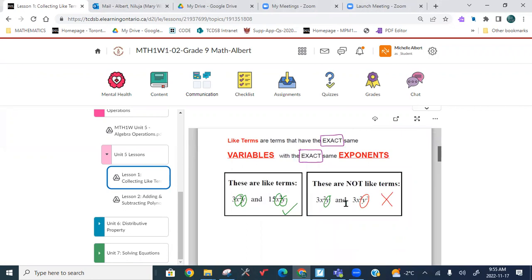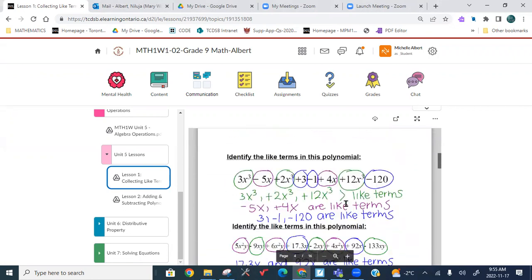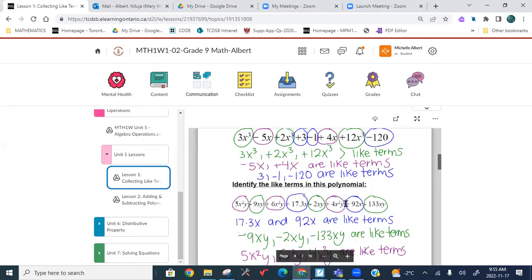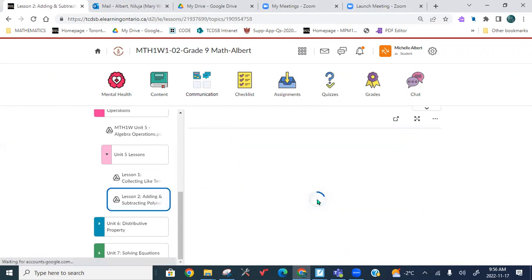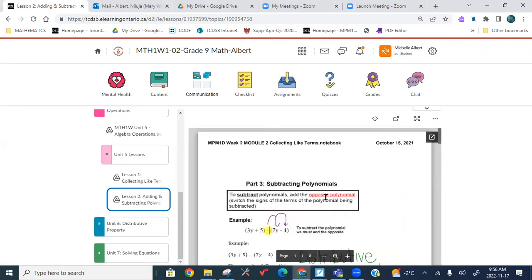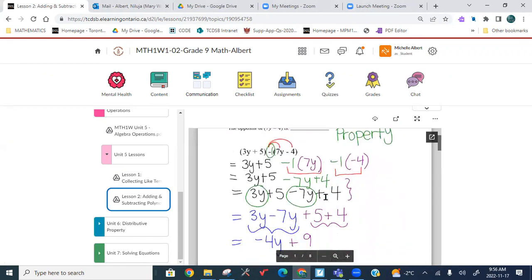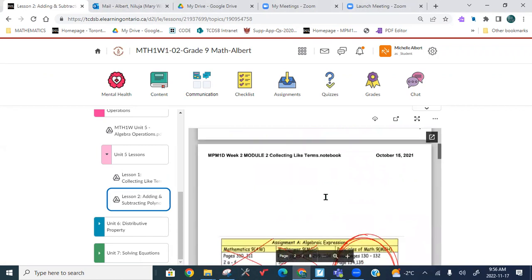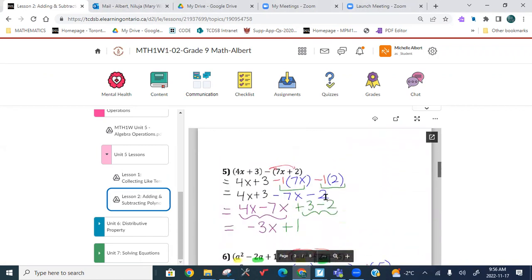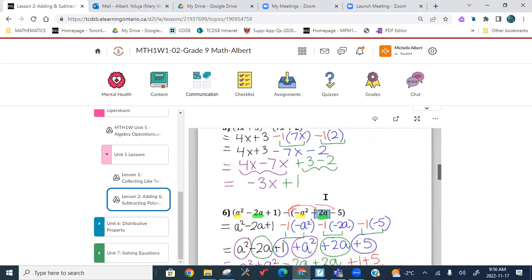You should put the question portion so you can see how I am doing my steps. You should also do your steps the same way. Once you finish that portion, if you move on to adding and subtracting polynomials, this should be in front of you when you are doing your unit work.